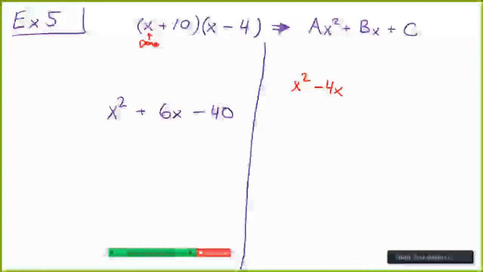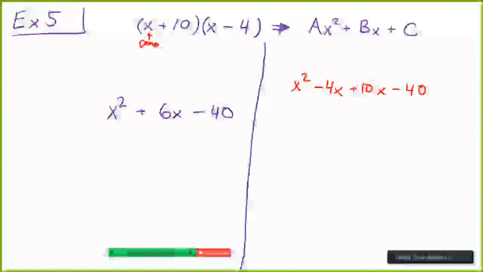Now we're going to shift over to the plus 10, and that's going to get multiplied to everything in the second parentheses. So 10 times x is 10x, and 10 times negative 4 gives us the negative 40. And hopefully you're starting to see how those middle two terms are always going to add together.